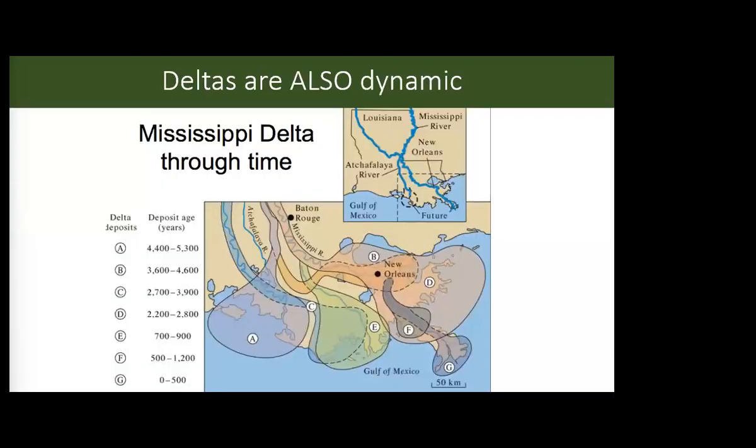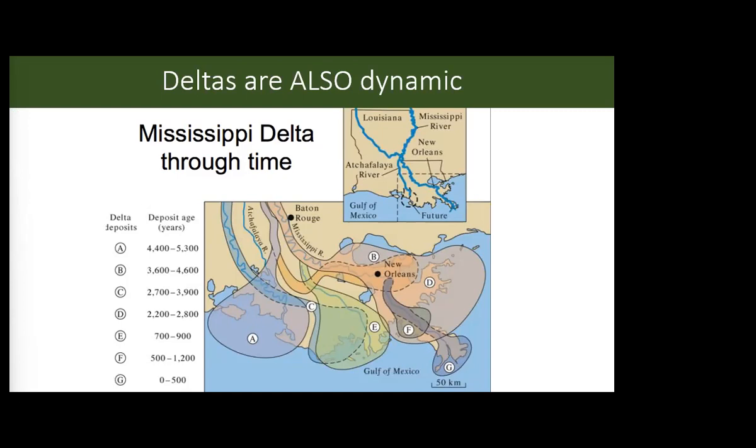So the Mississippi Delta has been changing a lot throughout time. So it didn't always look like the way it does now with that L of the lower part of Louisiana. So if we look at this graph, we have letters from A to G. That's what it looked like.